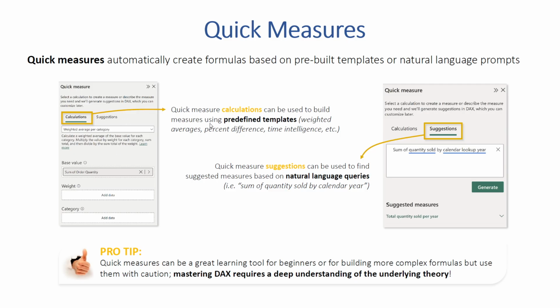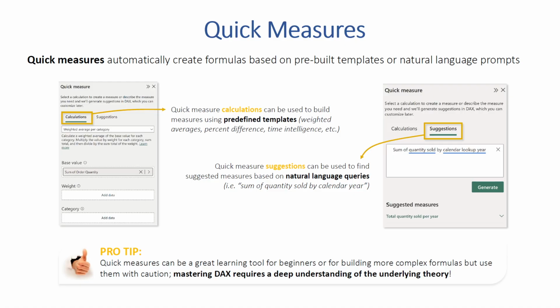The calculations are used to build a measure using predefined templates like weighted average, percentage difference, time intelligence, etc. If you click here on suggestions, quick measure suggestions can be used to find suggested measures based on natural language queries.